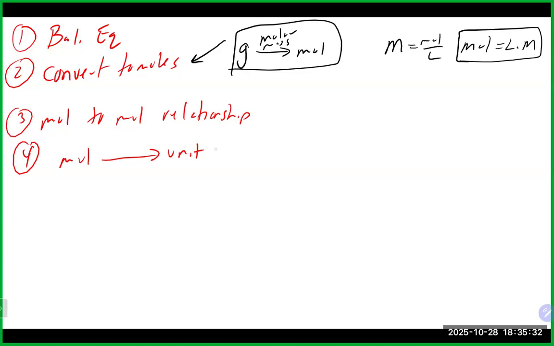A lot of times at the very end of the calculation, we have gone from moles to grams, once again using the molar mass. Also at the end, we can deviate here and go from moles to, say, volume using our molarity equation, because you may know the molarity and you may now know the moles, so you can figure out the volume.